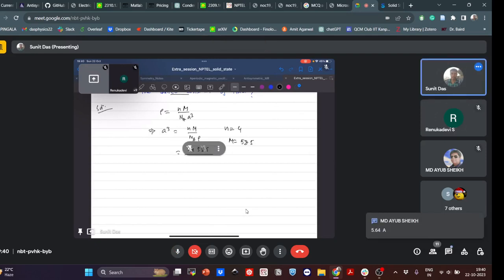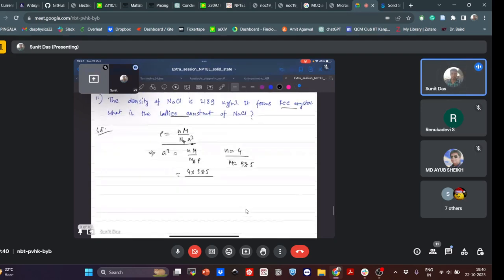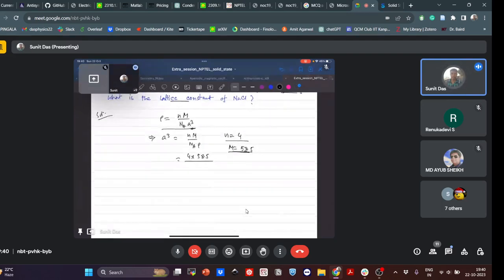So right, the density formula is Nm by Na a cube, where N is the number of atoms in the unit cell, M is the molecular mass, and then a is the unit cell dimension. So we need to find a. N is 4 for this FCC crystal, M for NaCl is 58.5 in SI units.